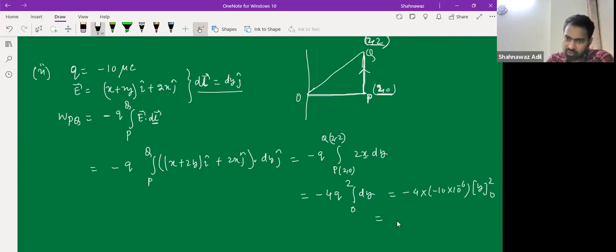Minus minus plus, so 4 into 10 to the power minus 5 and y equals 2, minus the lower limit, 0. So 4 into 2 is 8 into 10 to the power minus 5 joule. Is that clear, guys? So from path P to Q, my work done is this.